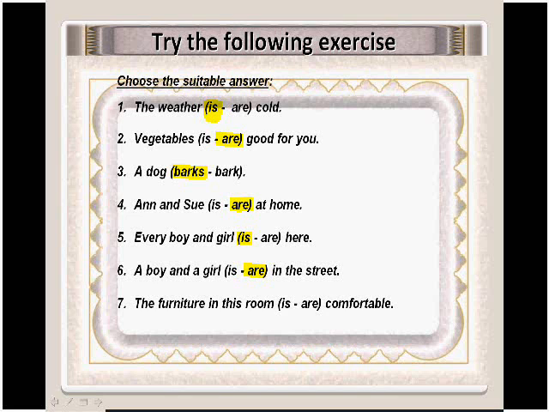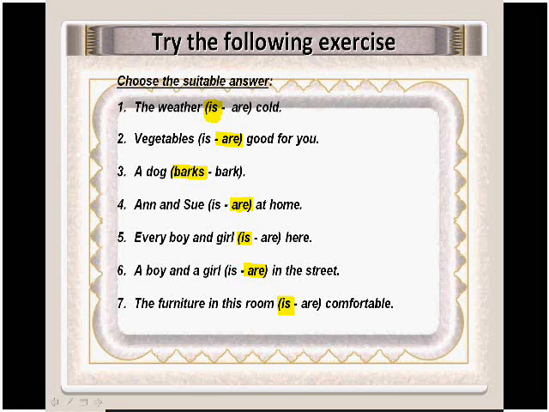So the furniture in this room is or are comfortable. The word furniture is always singular, by the way, okay? So if I tell you now the word furniture is singular, then which verb? Excellent, thank you. Is.